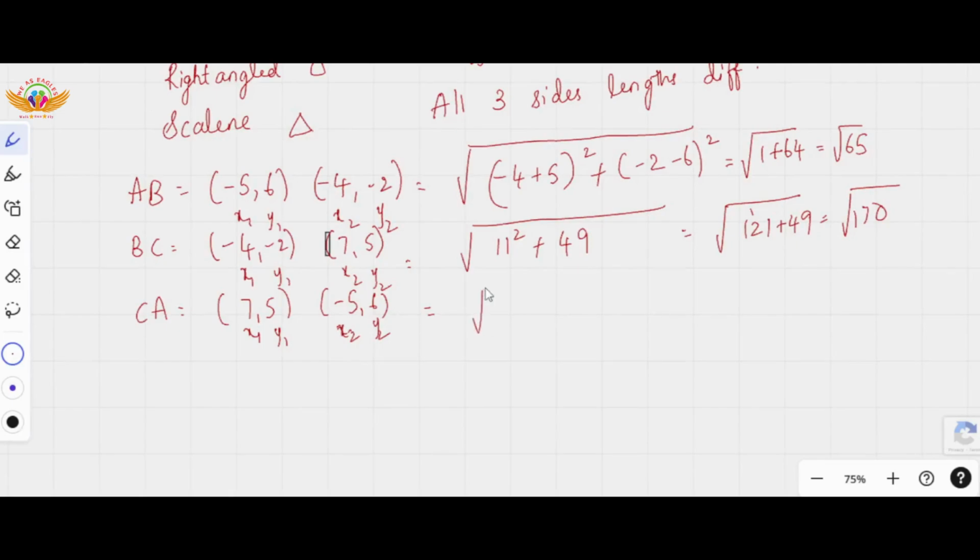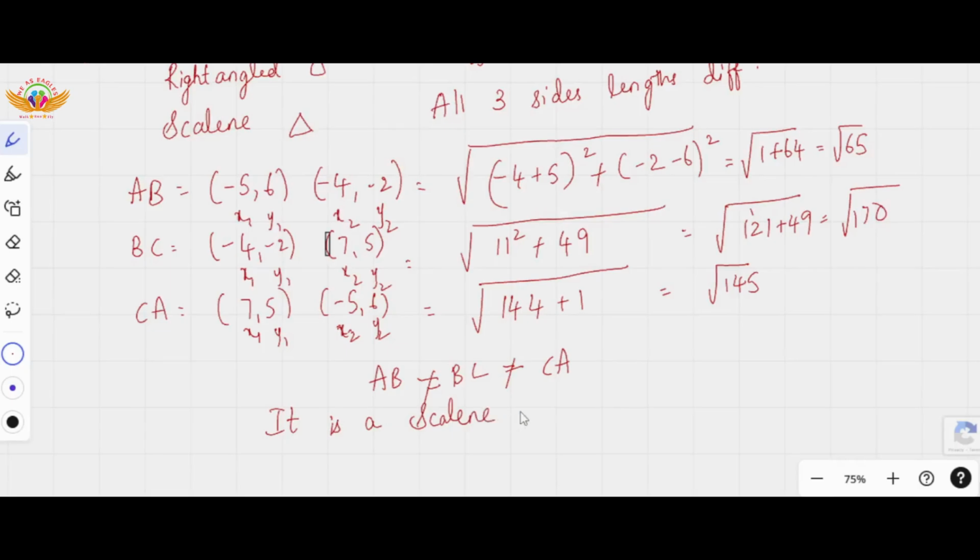It is equal to root of minus 5 minus 7 becomes 12 square, that is 144. 6 minus 5, that is plus 1, that is equal to root of 145. See, all the three sides AB is not equal to BC is not equal to CA. When all the three lengths are different, it is a scalene triangle.